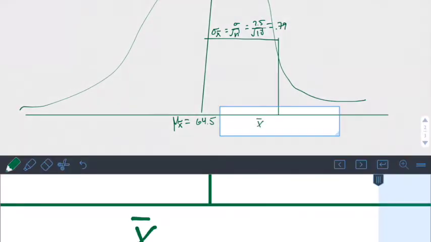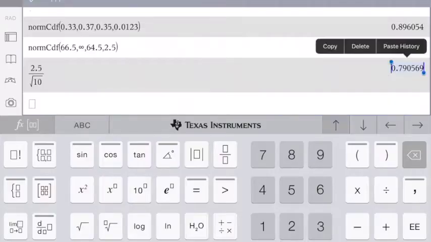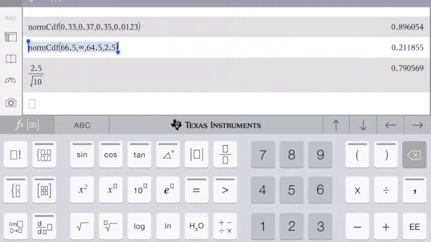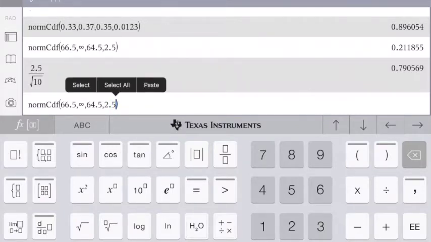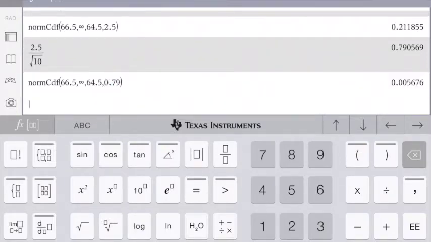So now this is our x bar of 66.5, same kind of area. So I'm going to cheat it a little bit. I know everything's exactly the same, except my standard deviation is 0.79. So now it's much, much less likely.